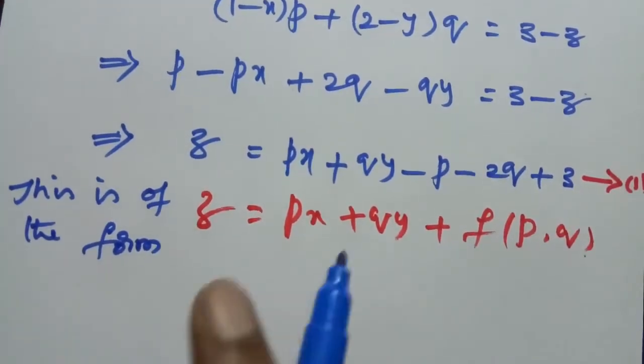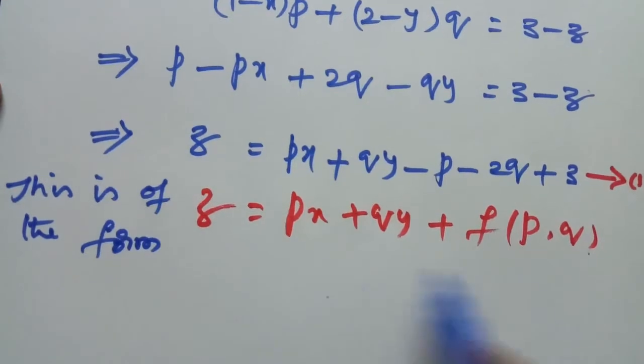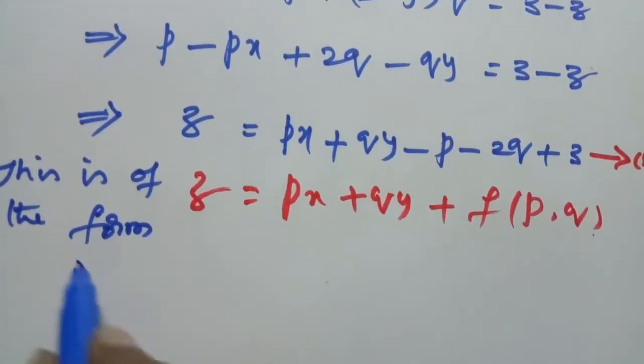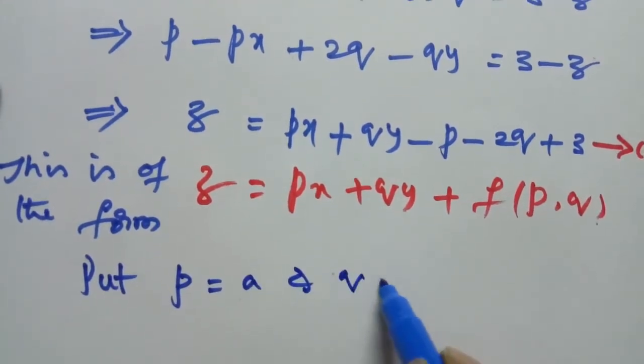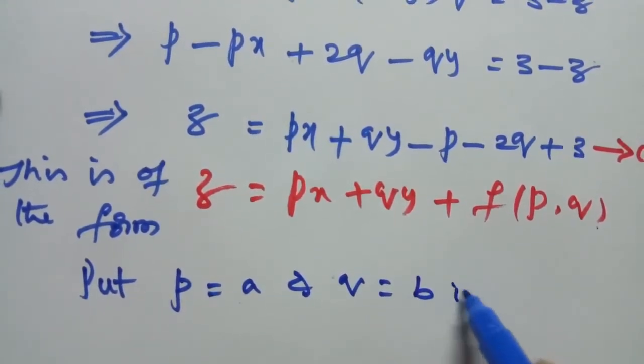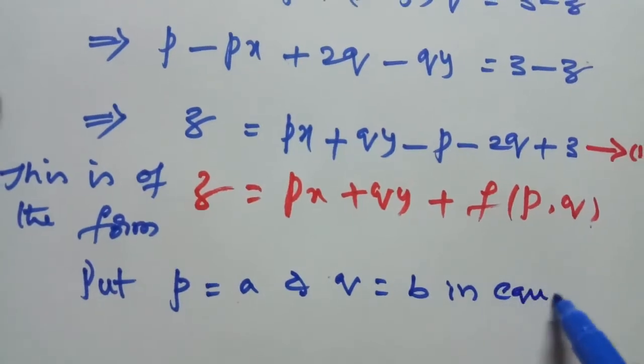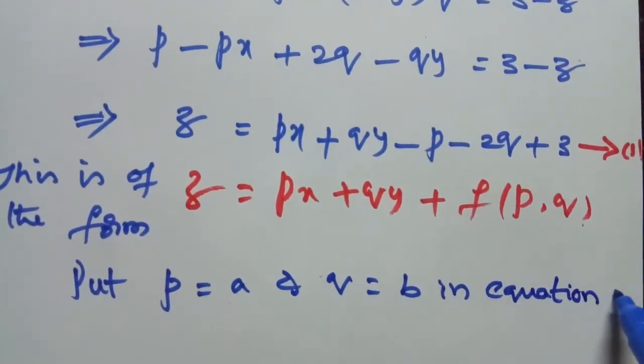Therefore, the solution for this Clairaut's form: put p is equal to a and q is equal to b in equation 1.